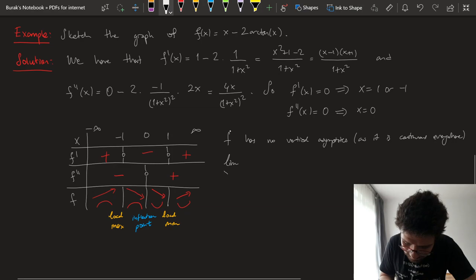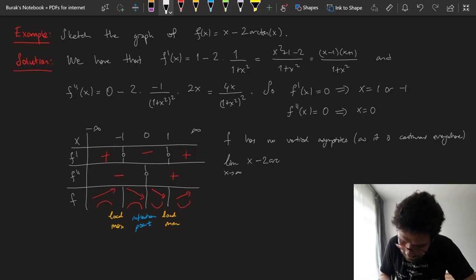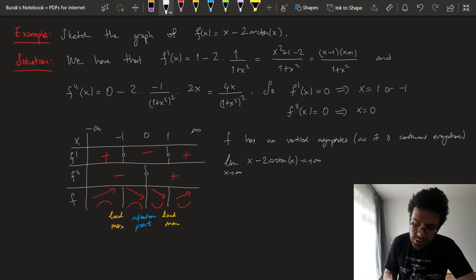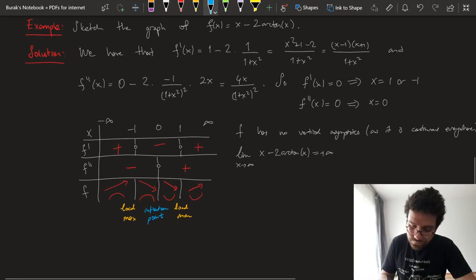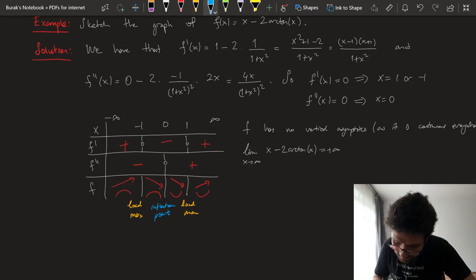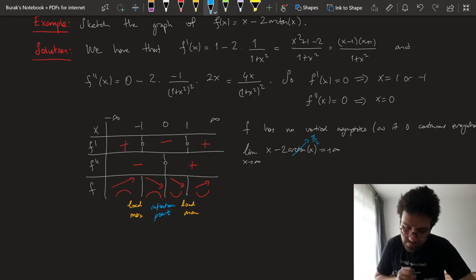If I check the limit of f at infinity, you will get positive infinity, because what's the limit of arctangent of x when x goes to infinity? This is pi over 2.